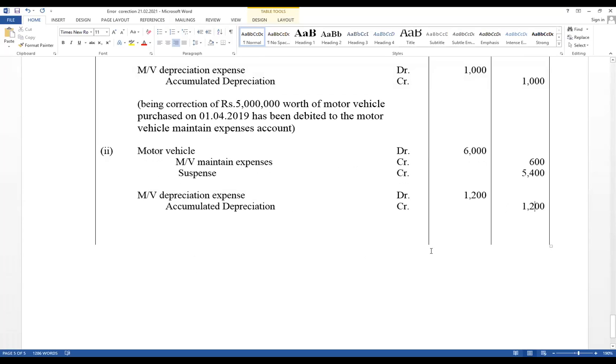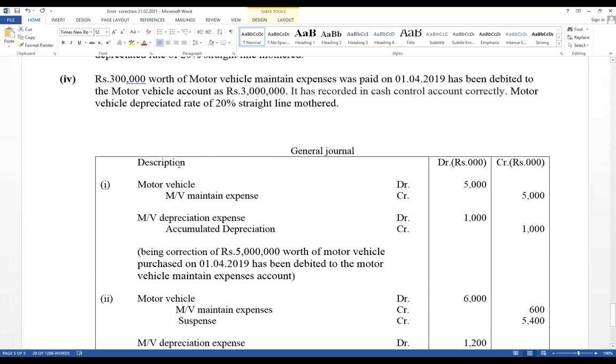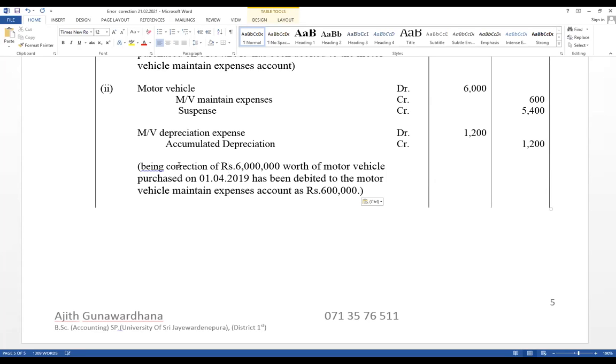The narration: being correction of motor vehicle purchase that has been debited to the motor vehicle maintenance expense account. Think about the narration also. We must briefly write what was done. It is called a narration. Therefore, being correction of motor vehicle purchase, rupees 6,000 worth of motor vehicle purchase has been debited to the motor vehicle maintenance expense account.